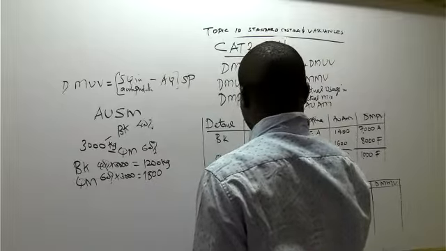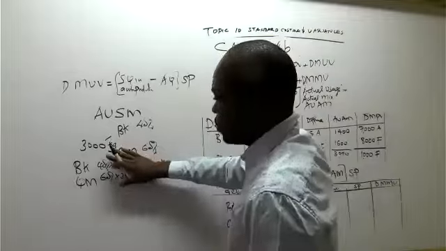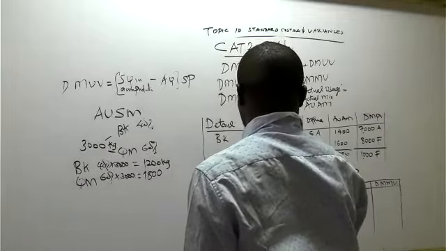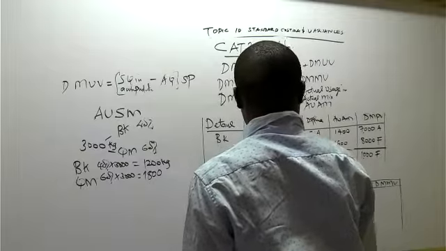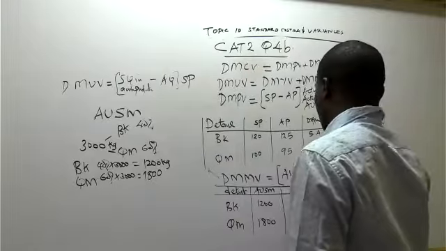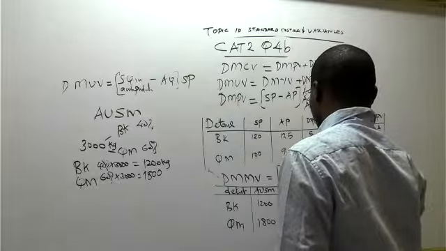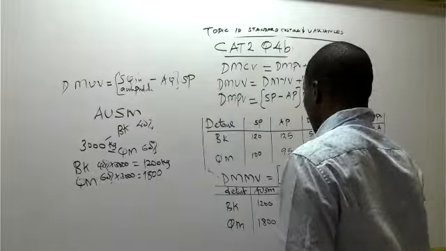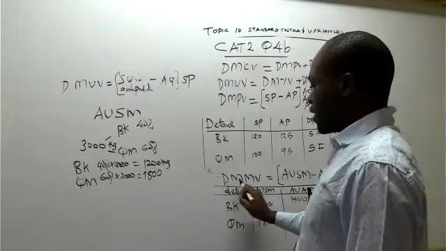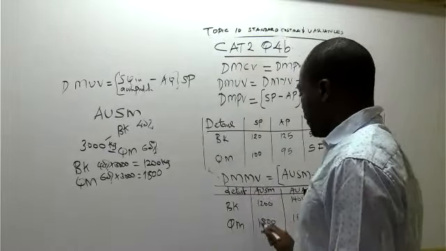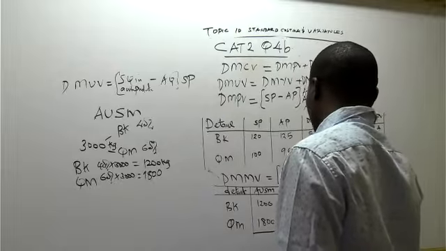We have BK, we have QM. BK actual usage in standard mix to make calculate hapa sisi wote 1,200, 1,800. Actual usage in actual mix, it is 1,400, 1,600. Anytime you are going to calculate direct material mix variance, alafu upate hapa hivi ukijaribu ku-add, they are not equal.